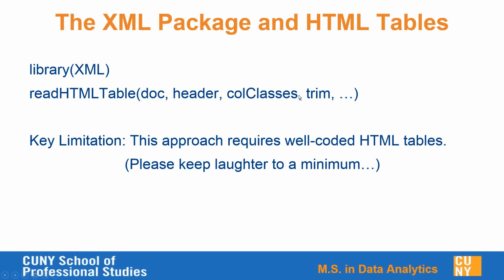Some of the more useful ones, we already saw that you can set the header equals true or false to say whether the table has headers. You can also set the data type for each column by providing a vector of data types for the columns if you want to be explicit in the column data type. And then you can have it trim white space. So take a look at the help file for that package, and you can read more about how to use some of these different parameters. Those are the three that I use the most: header, colClasses, and trim.